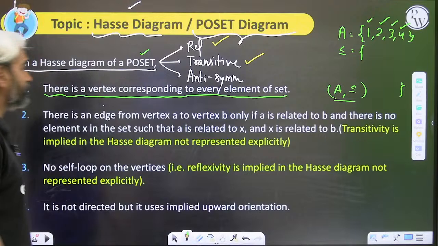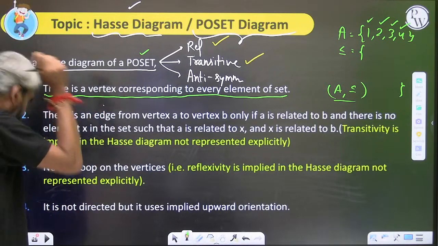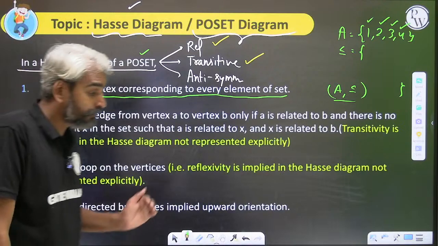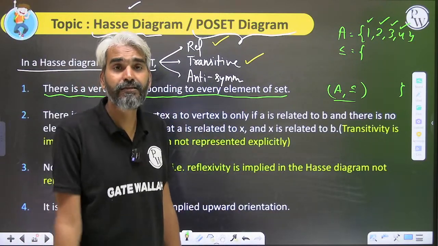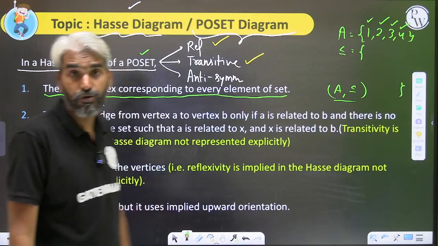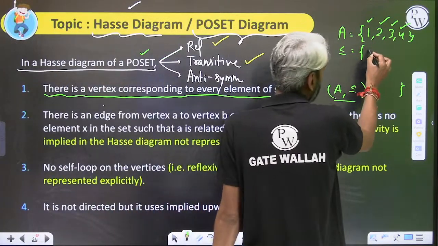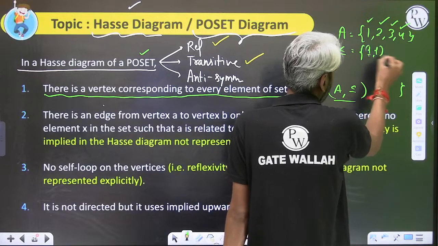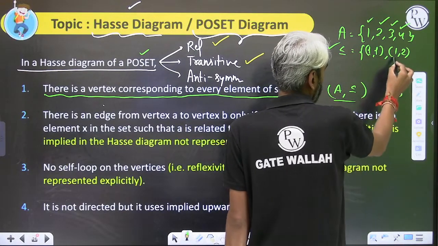Now, next thing. Sir, okay, for every element there will be a vertex. But when exactly will there be an edge between two vertices? So, do you realize that one relates to two? One relates to one as well as one relates to two under the relation less than or equal.